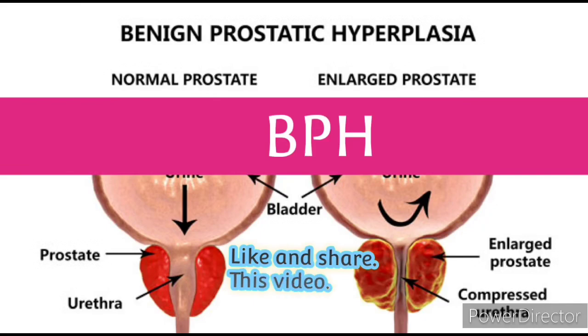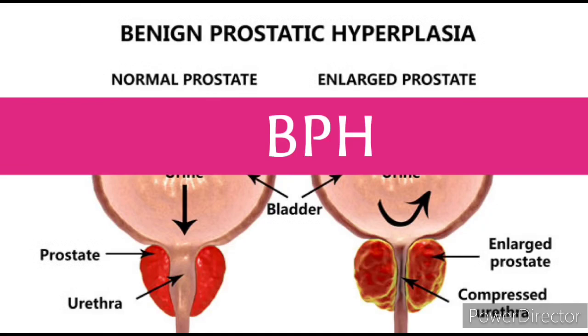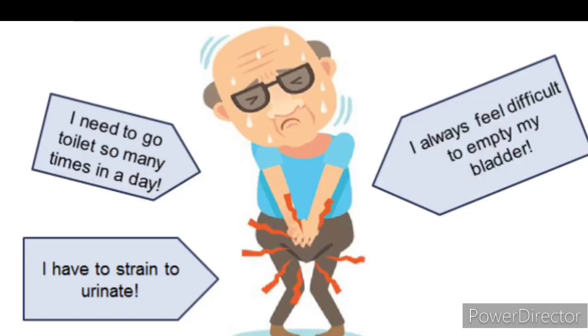This is the condition in males in which there is non-malignant enlargement of the periurethral prostate gland, which is characterized by a sensation of incomplete emptying of the urine, also recurrent urinary tract infection, urinary retention, and so on and so forth. So that is the definition for BPH.